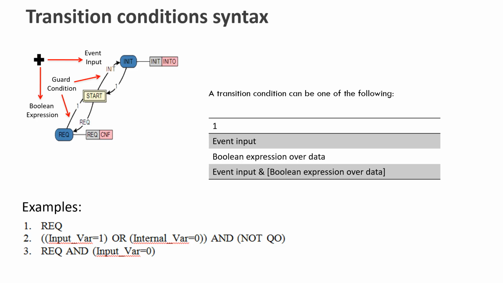So for example, the correct syntax of a transition condition is just one event name, input event rec, or this long expression over data, that is a Boolean expression, so it has to have a logical result 0, 1, or false and true, or this form where there is an input event and a Boolean expression over data, as indicated in the last line.